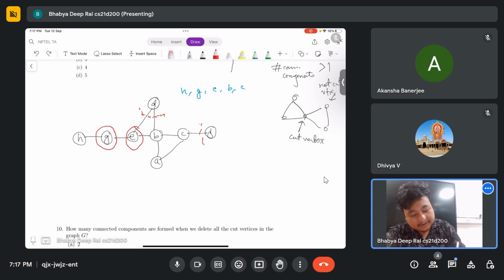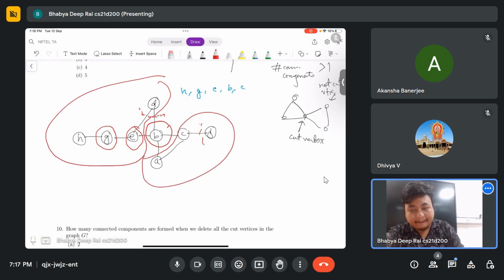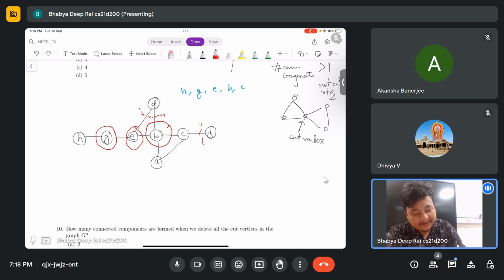If I remove, say, B, how many connected components do I get? Two, one here, one here. If I remove C, I get these two connected components. So you can see that these vertices actually disconnect the graph. But if I remove A, for example, I just have one connected component.